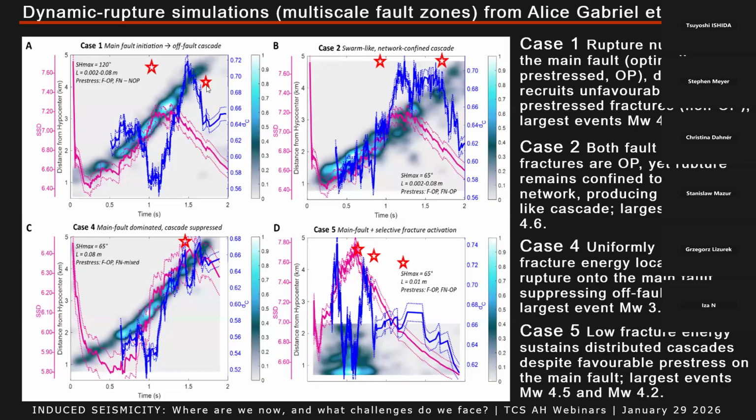But when we look at the behavior of these two parameters, SSD and DC, we see that before the largest earthquakes in the catalog, we always see a very low value of DC, and this is related to the highest amount of deformation. The density map in the background of these 4 graphs represents the distance from the hypocenter.